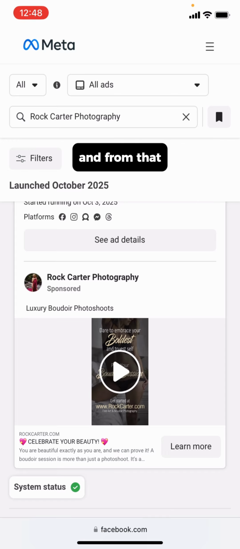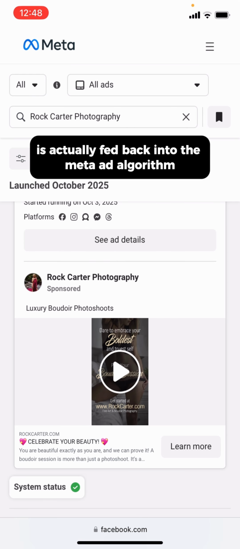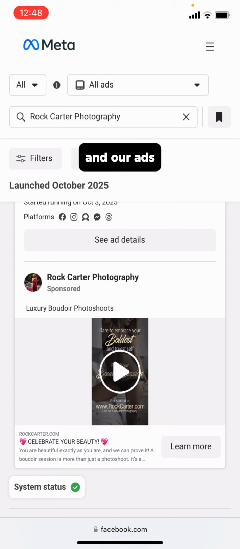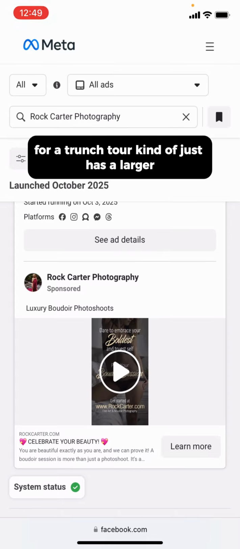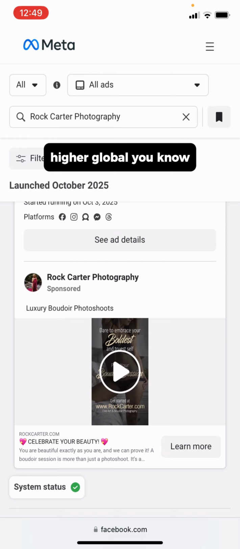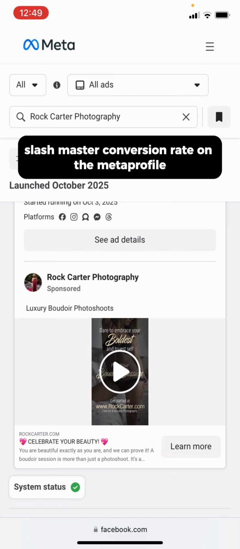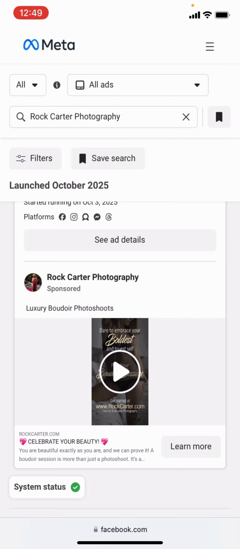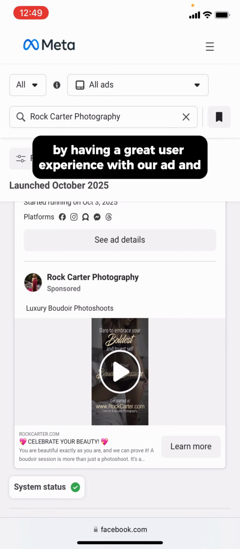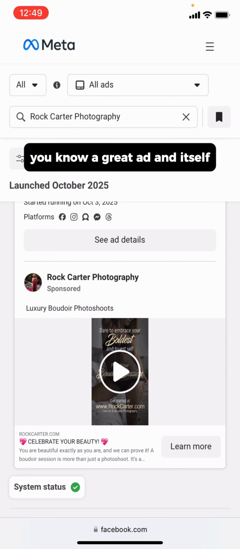And that data is fed back into the Meta ad algorithm, and we unlock a higher tier Meta profile for tranche 2, which has a larger, higher global master conversion rate. It's basically a premium placement that we unlock, aka are awarded, by having a great user experience with our ad and a great ad in itself.